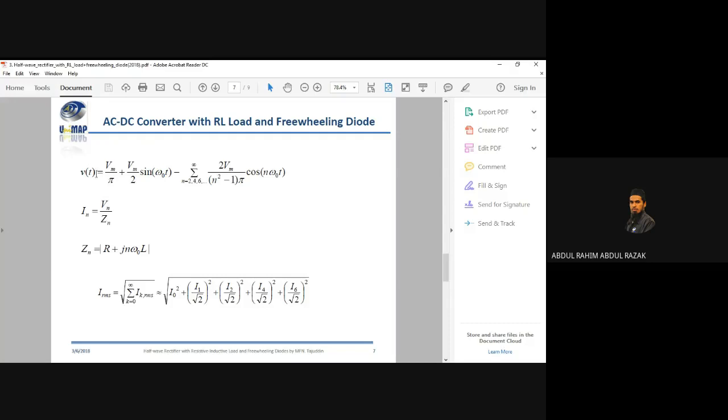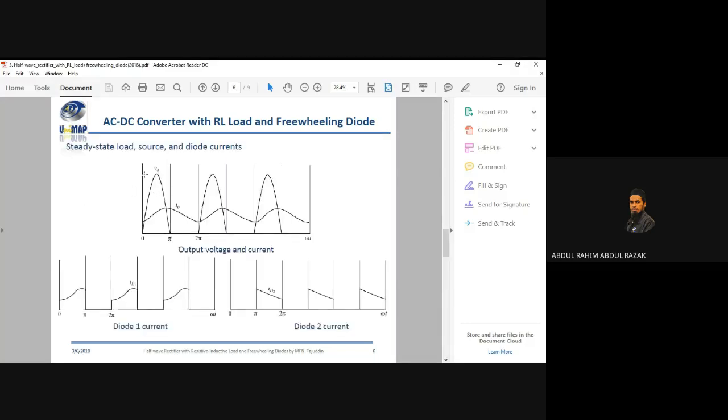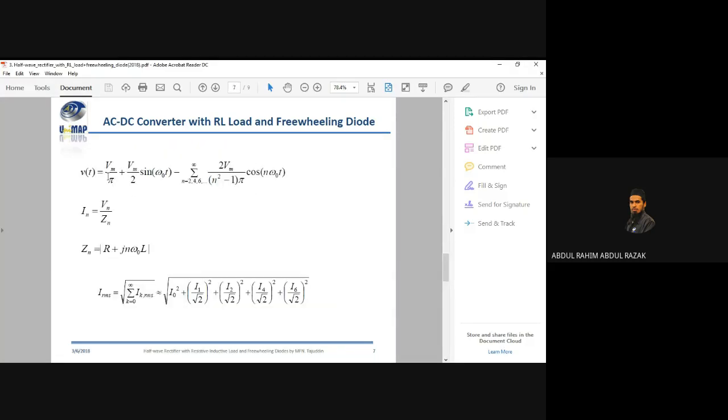In terms of formula, the voltage of this pattern is represented by this formula. Meanwhile, here are your impedance and your RMS current.